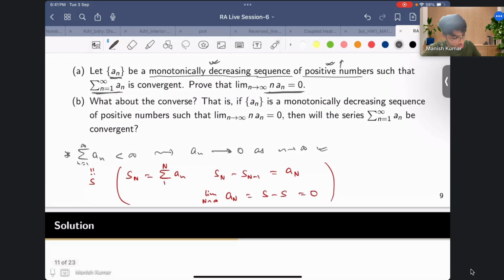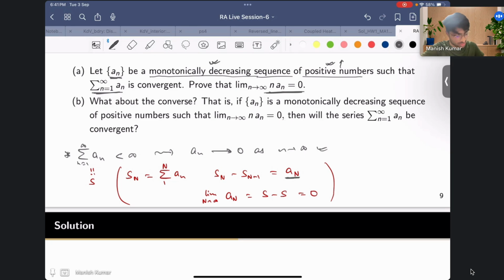You get an, and you just use the difference of two consecutive partial sums, right? Now when you want to get n times something, we should try to take a difference where we get n terms, right?